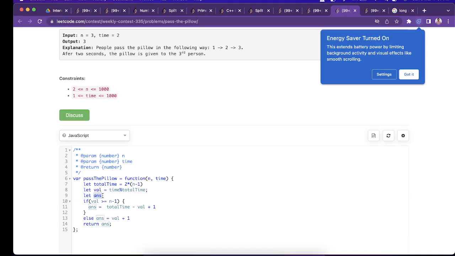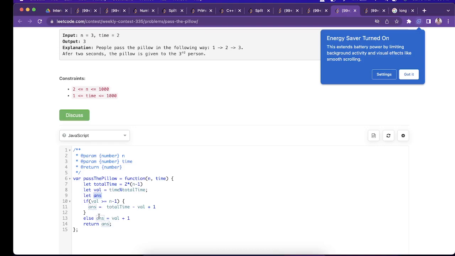We will check whether we are in the forward moving direction or in the backward moving direction. If our value is greater than or equal to n minus 1, it means we are in the reverse moving direction, and in that scenario our answer will be total time minus value plus 1.